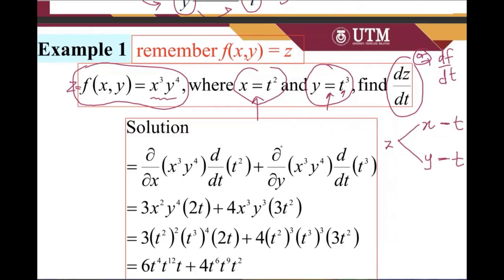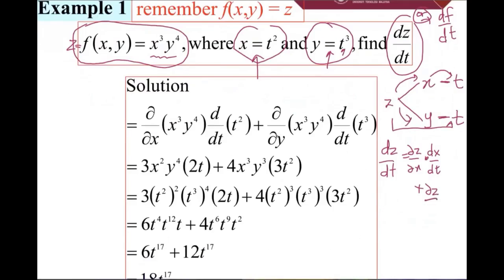So the question asks you to find dz dt because z consists of t only, right? So first we differentiate. We get del z del x multiply dx dt, and then plus del z del y multiply dy dt. You already know how to differentiate, so you can proceed.